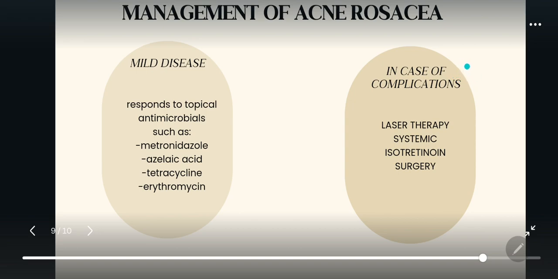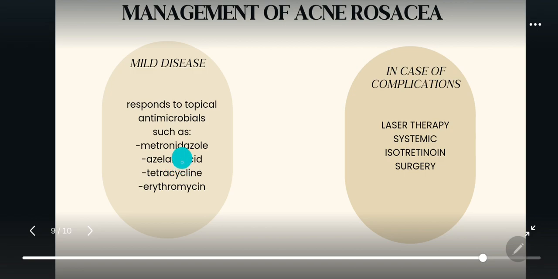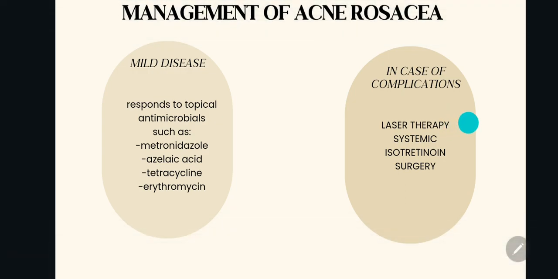Like I said, in relapse you have to use intermittent or chronic antibiotics. But in case of erythema and telangiectasia, you have to use laser therapy. Systemic isotretinoin may be helpful in severe resistant disease, and rhinophyma may need laser therapy or surgery.